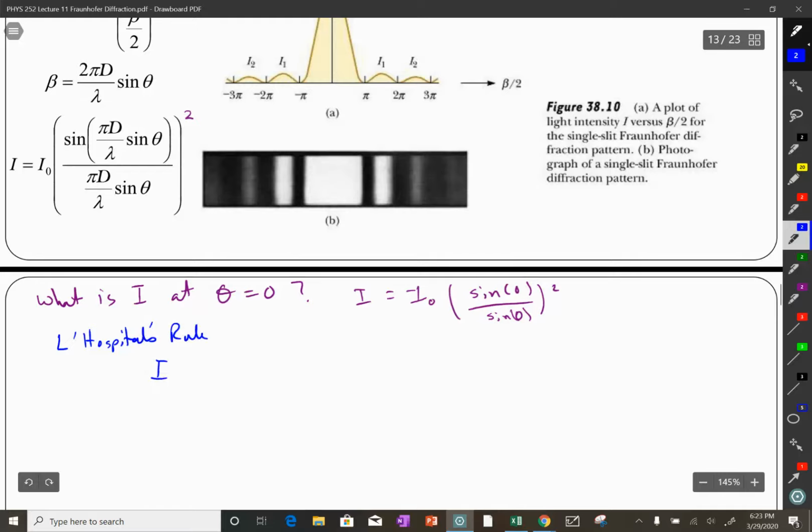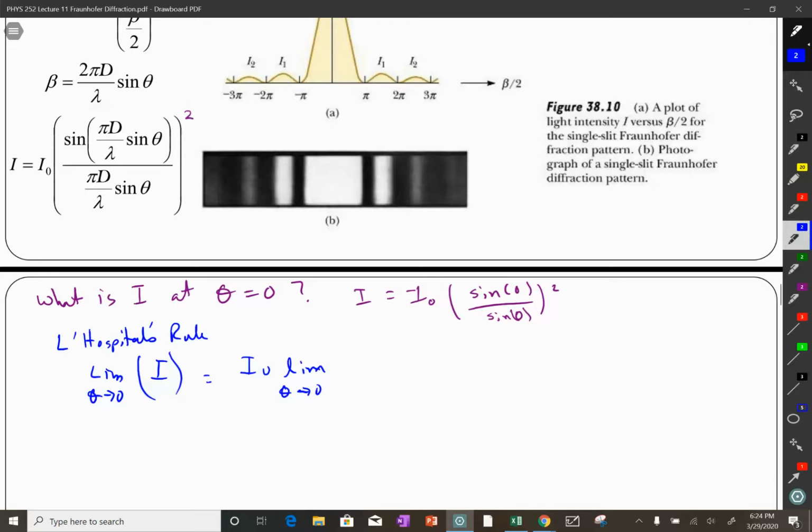So the intensity as theta approaches 0 is equal to, I should put limit as theta approaches 0 for the intensity. And now I have to do L'Hopital's rule, which you do the derivative of the top by the derivative of the bottom. Well, I want to make my life a little easier.